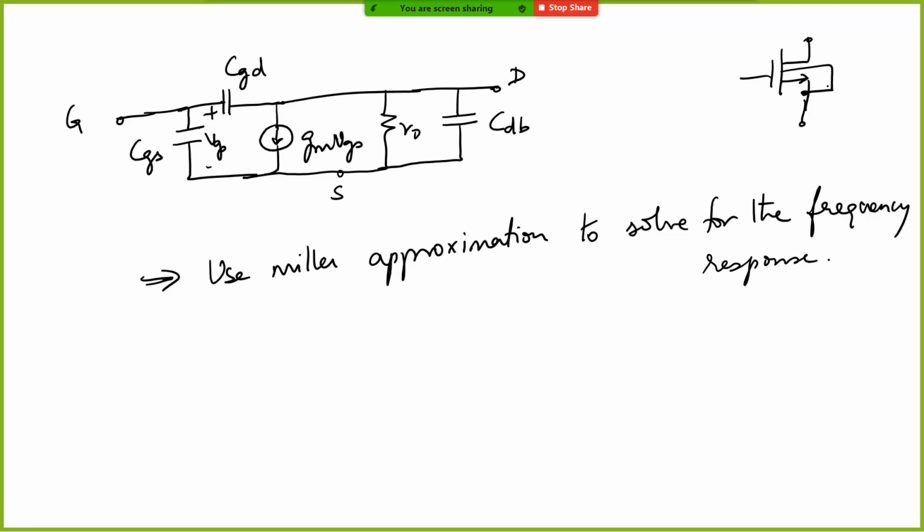Of course, if you want to draw a common source amplifier, then obviously the source gets grounded. But if you connect the bulk and the source together, then whatever I have drawn holds good. Is it okay? Okay, sir. Thank you.